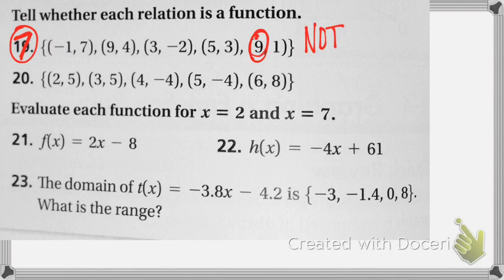If I were you, I wouldn't write down the whole problem. What I would write is, for a relation to be a function, the x's cannot repeat. We'll call this one number 8. The x's 2, 3, 4, 5, 6 are all different, so this one is a function.